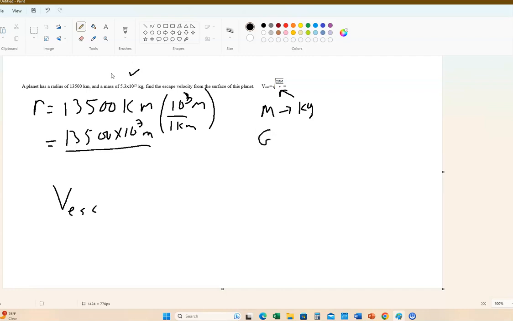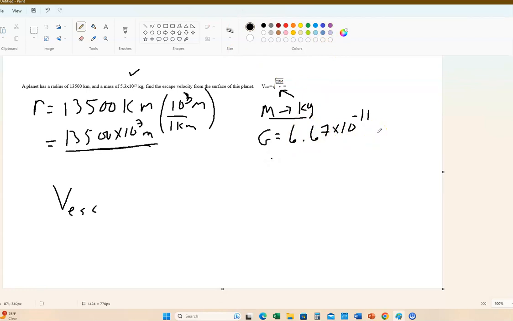Big G, the universal gravitational constant, is always 6.67 times 10 to the minus 11th. It does have units, but as long as we have the mass in kilograms and the radius in meters, then we use this number and the units come out correct.